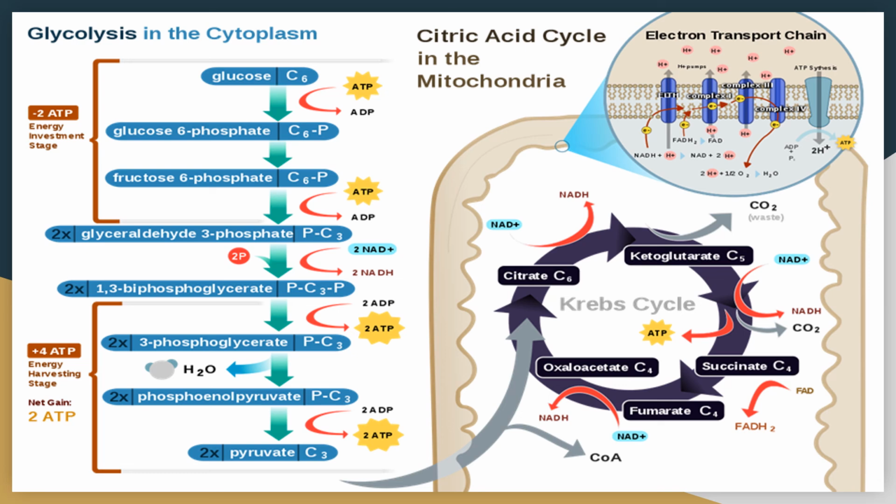And then the Krebs cycle over on the right side does require oxygen. The Krebs cycle is aerobic. And then the electron transport chain towards the top right is also aerobic, and it produces the bulk of the ATP.